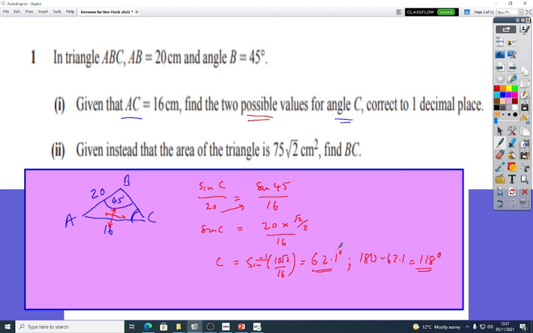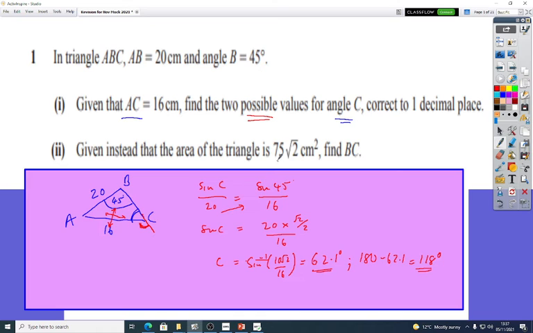One is the acute angle and one is the obtuse angle. So there are two scenarios where that could happen, where it's acute or an obtuse angle, which is that angle here.